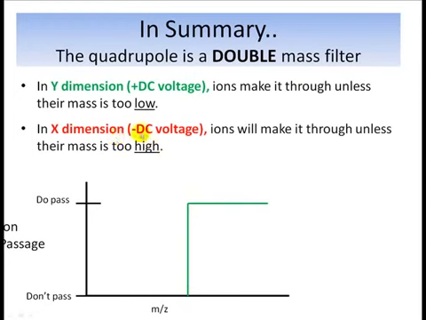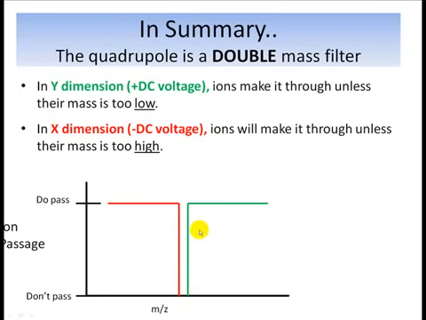You have the second dimension, the x dimension, which carries a negative DC voltage on the rods. Ions traveling down through the quadrupole will make it through unless their mass is too high, as we described. So the filtering function for that x dimension would look like this. Ions make it through up to a certain critical point in mass-charge ratio. Anything above that, ions do not make it through.